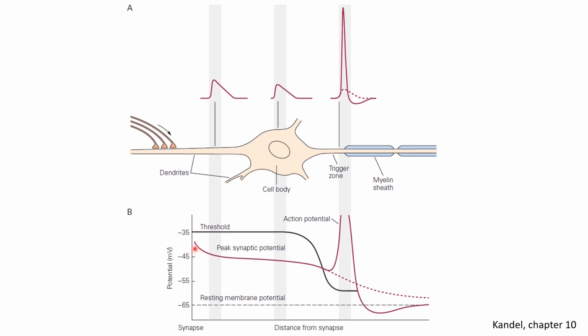So even though we had a larger depolarization in the dendrites, this depolarization was not enough to cross the threshold. But when the depolarization reaches the axon hillock, there it might cross the threshold, and so we are able to generate action potentials in the axon hillock.